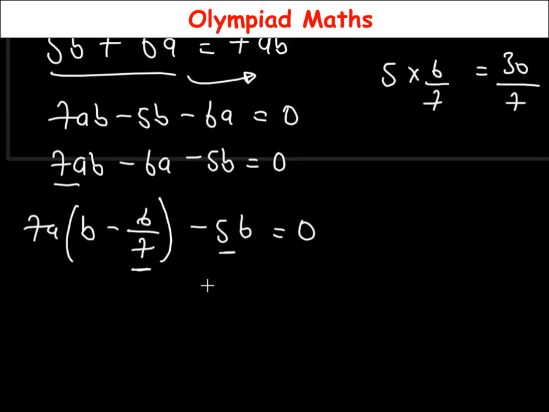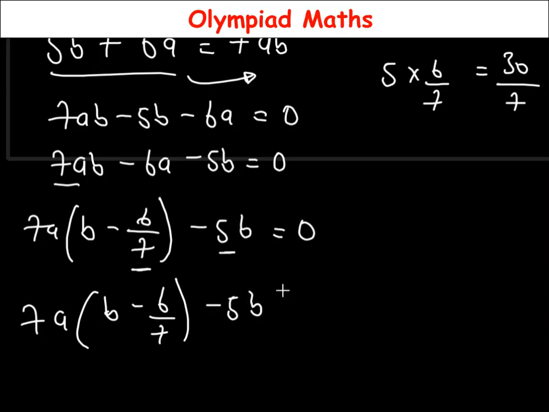So we then add 30 over 7 to both sides of the equation. We have 7a in bracket b minus 6 over 7, minus 5b, plus 30 over 7, is equal to 0 plus 30 over 7.